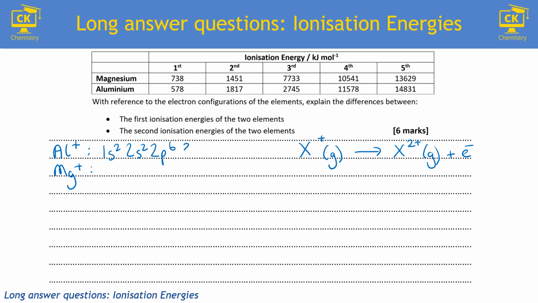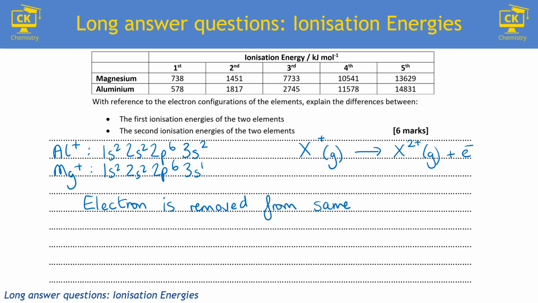For aluminium, it's just going to be 3s2 because we've lost that 3p1 electron in the first ionization energy. And for Mg+, it's going to be one electron less than that, so 3s1. So what we can see now is that the electron is removed from the same orbital.